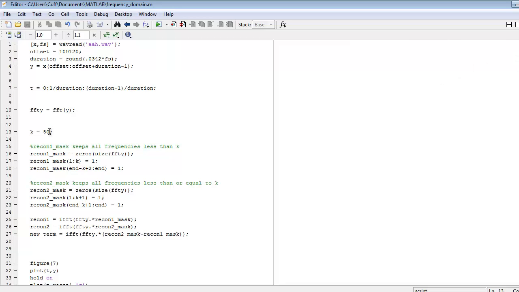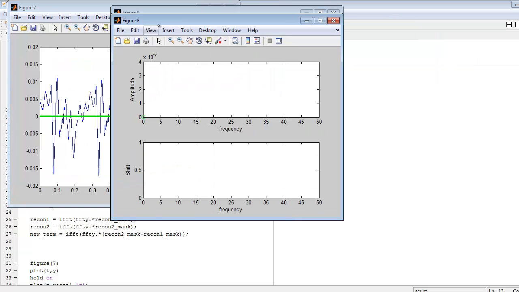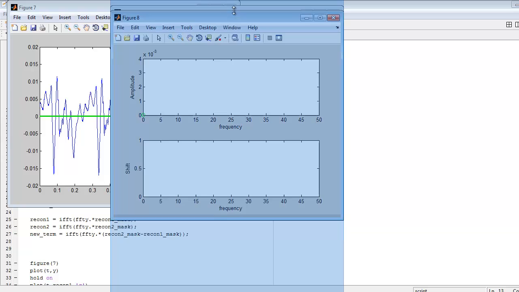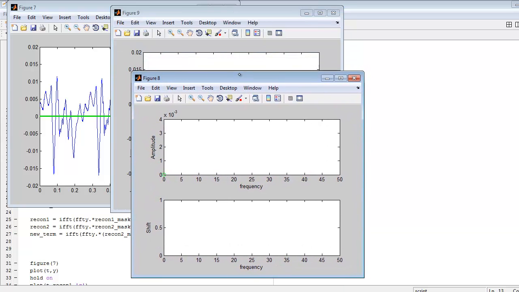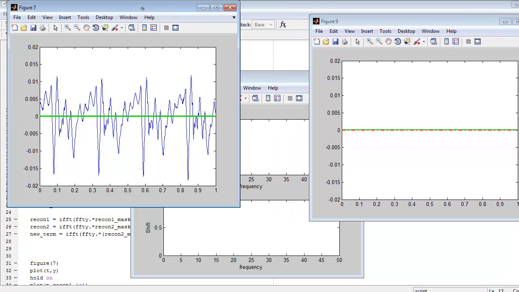And what I'm going to do is first just plot this. I have a few plots here. Let me explain what they are. This is a short segment of that sound clip. You can see that it's periodic, roughly.